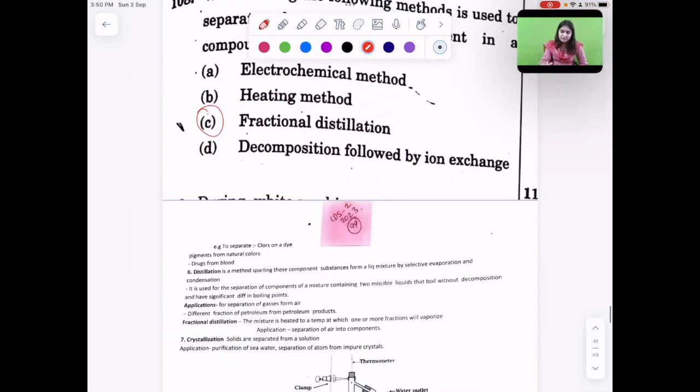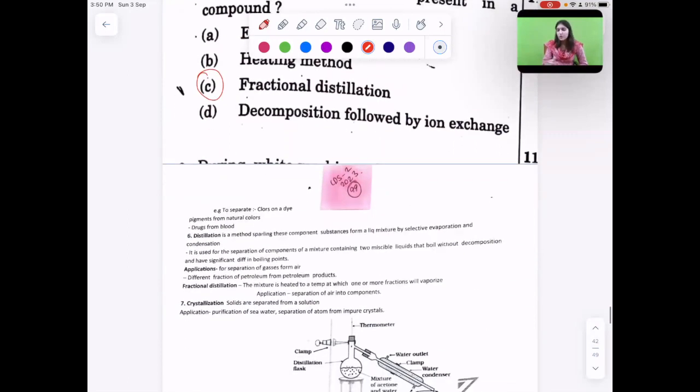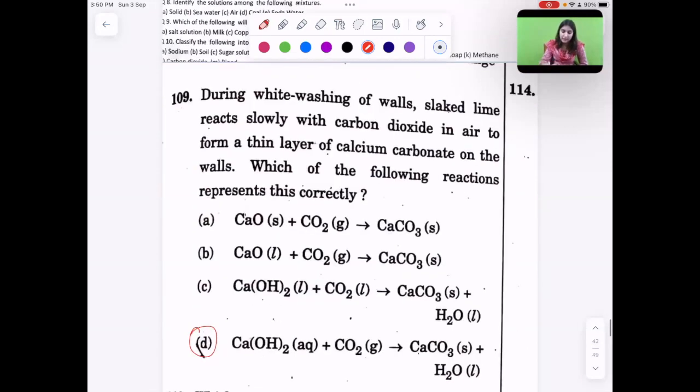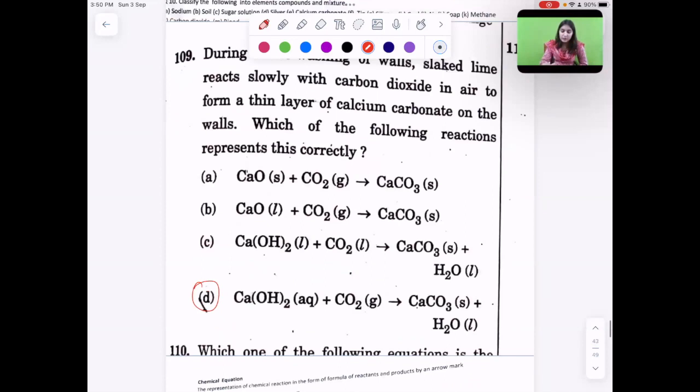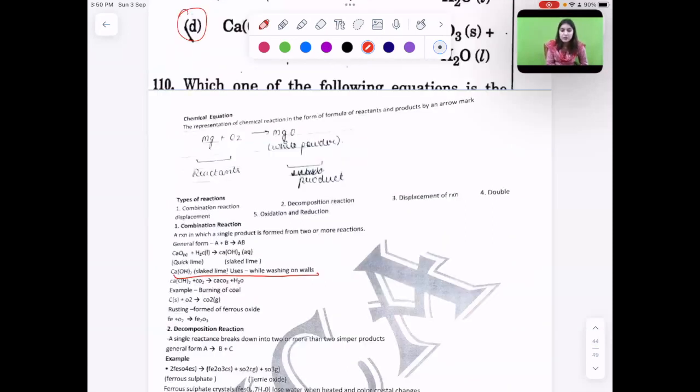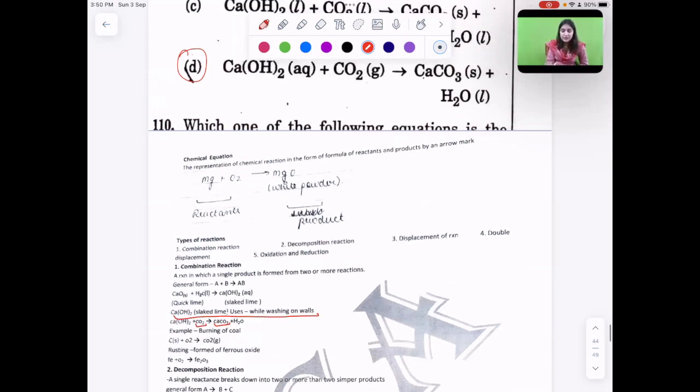The method of separation, go with distillation or fractional distillation. So this is a method to separate components from a mixture. Let's look from notes. Calcium hydroxide, slaked lime, is used for whitewashing of walls. In presence of CO2, it is converted into calcium carbonate. So option D is the correct answer.